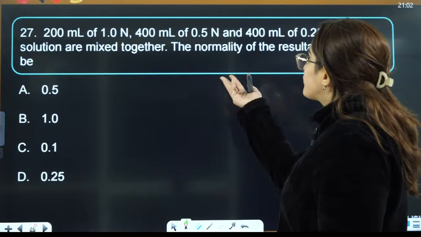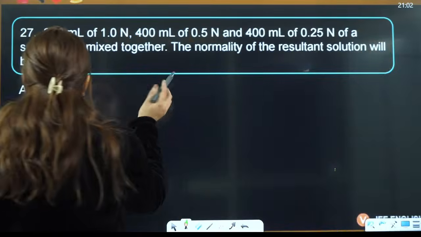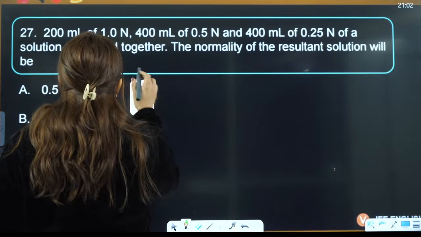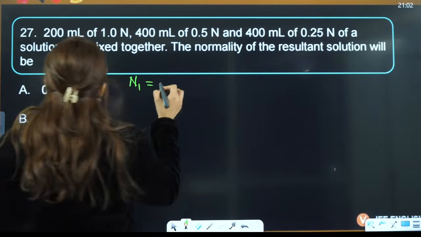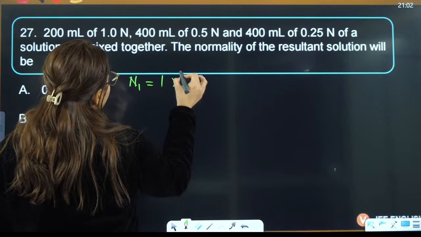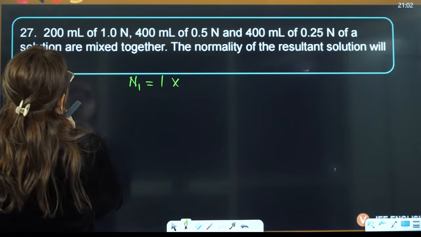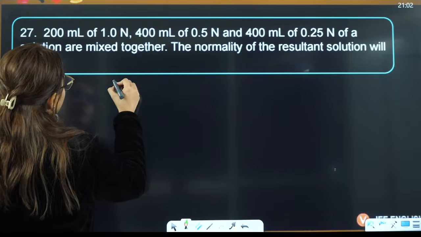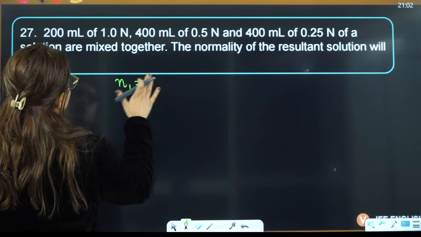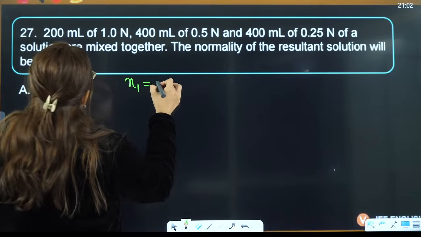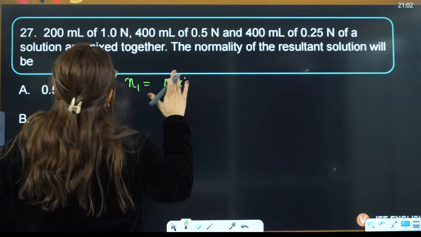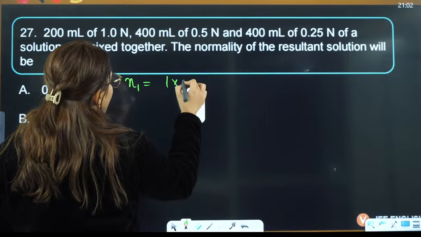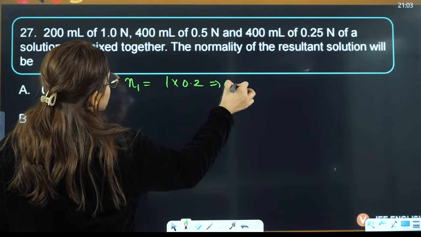So 200 milliliter of this much and this much of solution are mixed together. What is the normality of the resultant? The number of equivalents of the first is equal to normality into volume, that is 1 into 200 divided by 1000, that is 0.2, right?